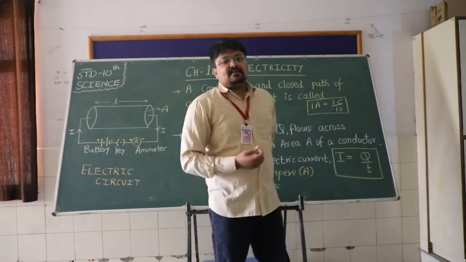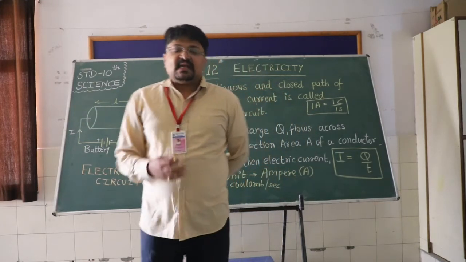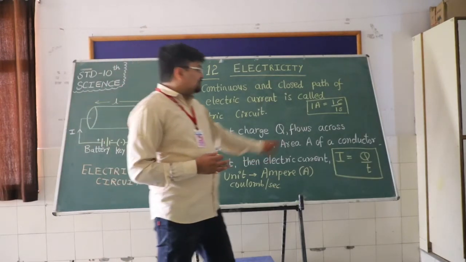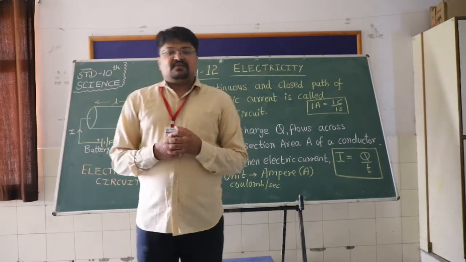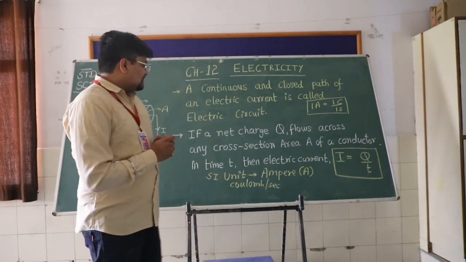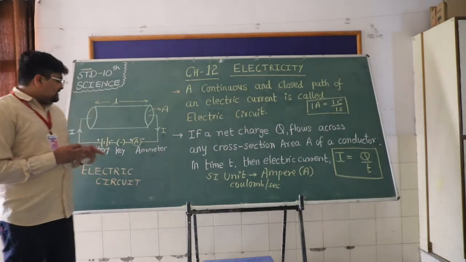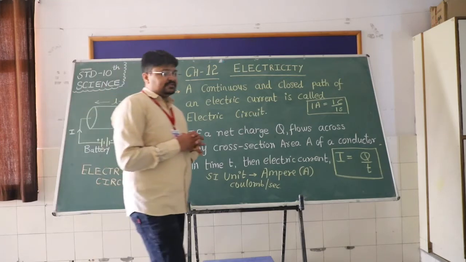So if the amount of charge passing through a conductor is 1 coulomb in a time interval of 1 second, then that is known as 1 ampere electric current. So this is your 1 ampere definition. Similarly, I have already discussed that you can measure the electric current inside a given circuit with the help of an ammeter. So an ammeter is also used.